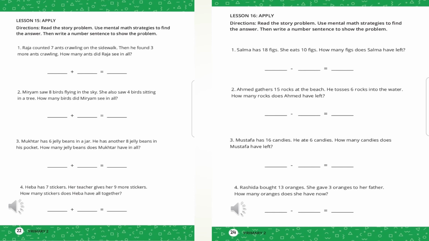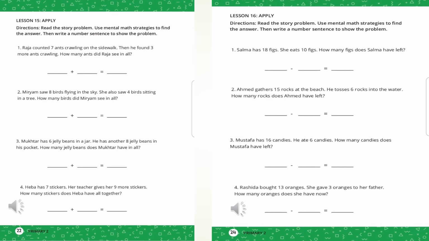Number 2, Maryam saw 8 birds flying in the sky. She saw also 4 birds sitting in a tree. How many birds did Maryam see in all? We have 2 numbers here, 8 and 4, and the key word is in all. So we will circle 8 and 4 and underline in all.